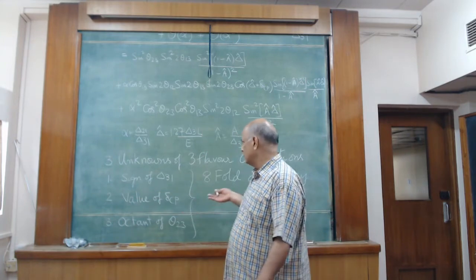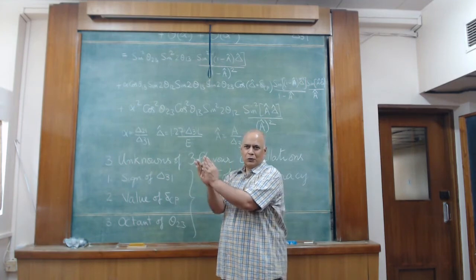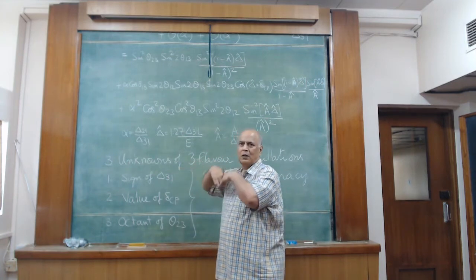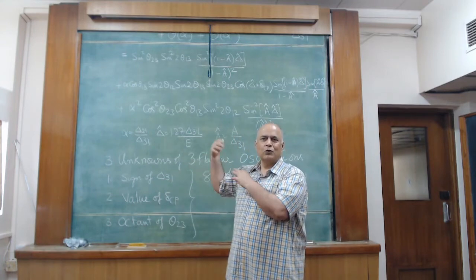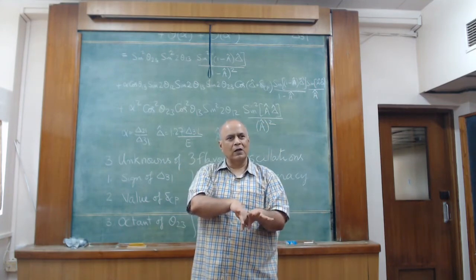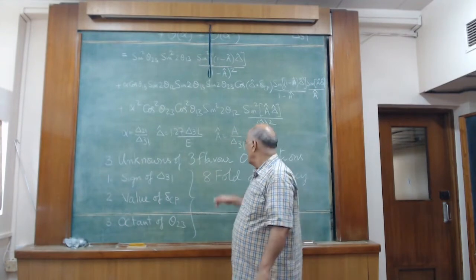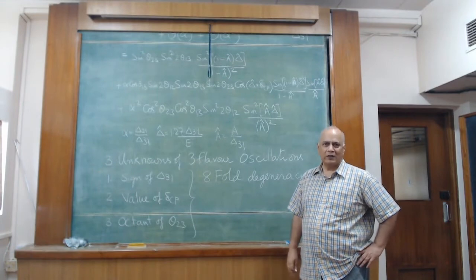And so once I measure nu mu to nu e, if I choose combination 1, that fits to some value of theta 13. If I choose combination 2, that will fit to some other value of theta 13. So I will have 8 possible solutions. So that's why people used to talk about an 8-fold degeneracy.